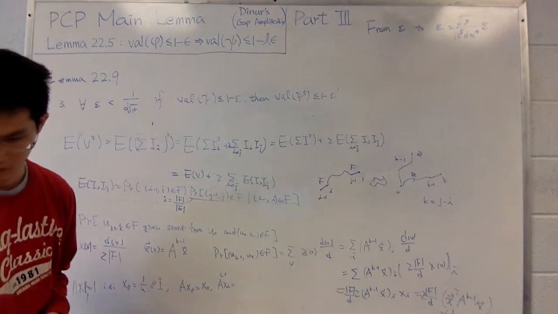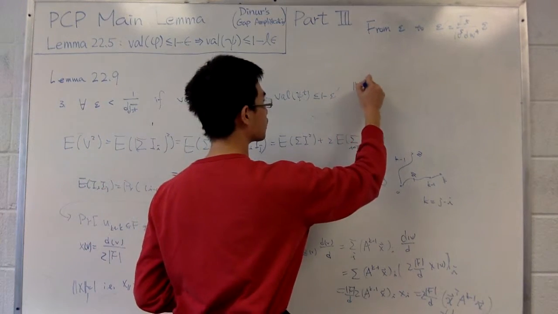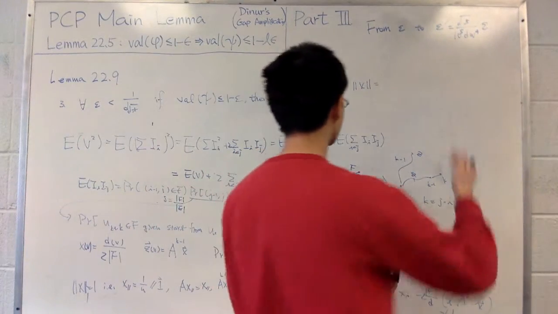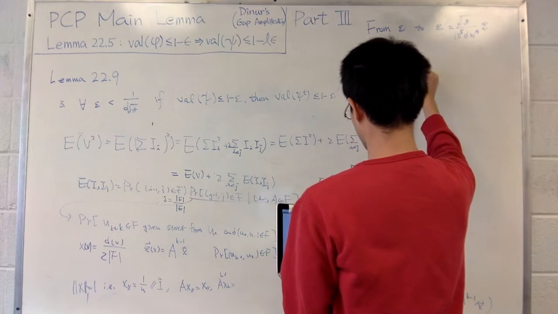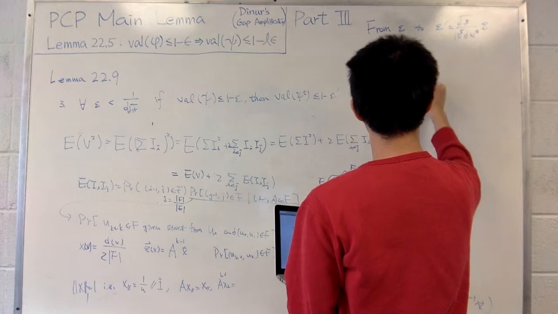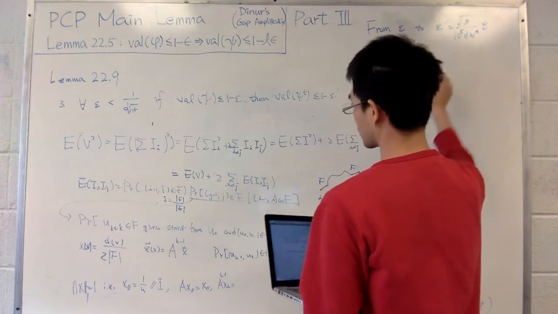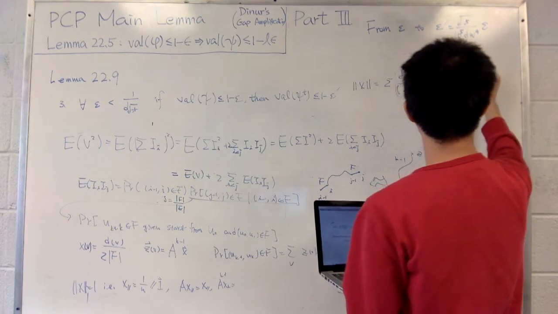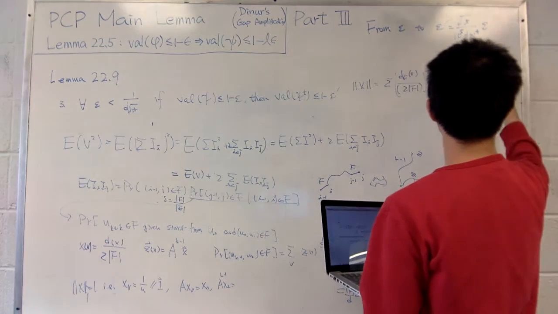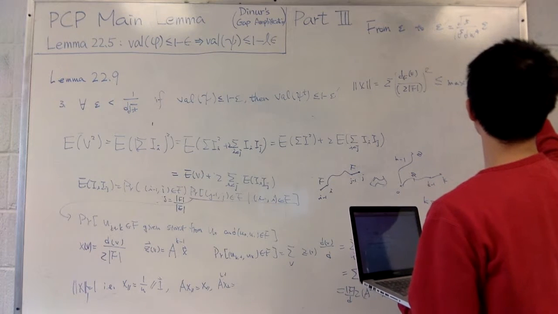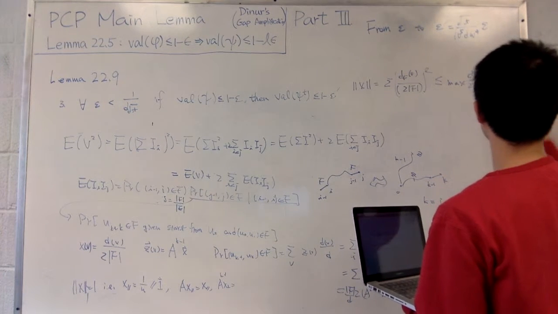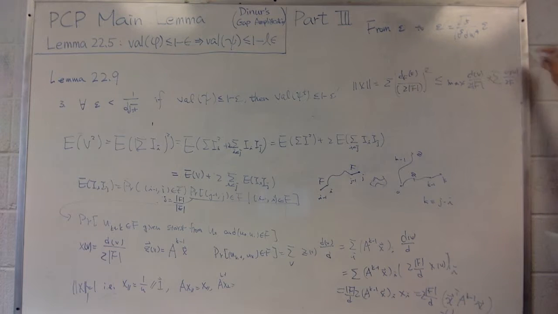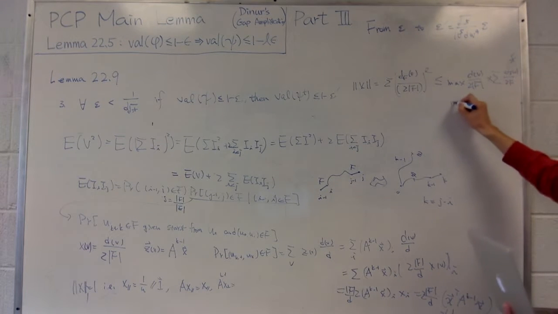And the norm of X is bounded by this one, or smaller than something here. This will become 1 minus 2, and the summation of this one will equal F. So it will become this one.